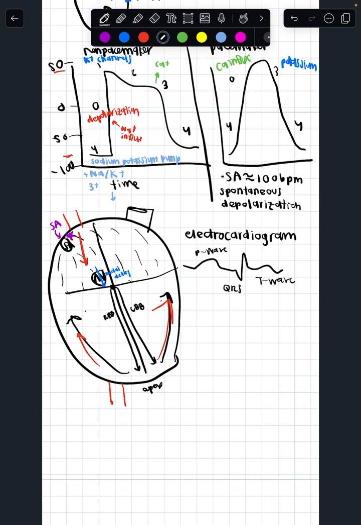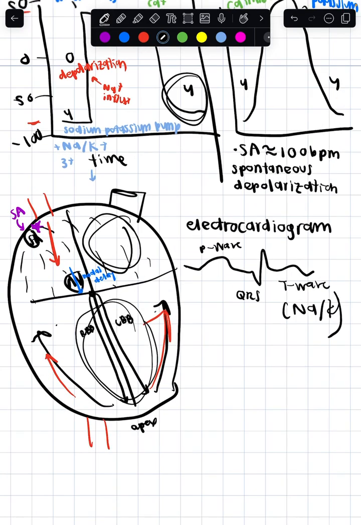This represents depolarization of the atria here. This represents depolarization of the ventricles, and then as they repolarize, which is where we have our sodium-potassium pump, corresponding to this reset of the system, we see something called a T wave. So the faster your heart's beating, the closer this whole cycle will be to another one.